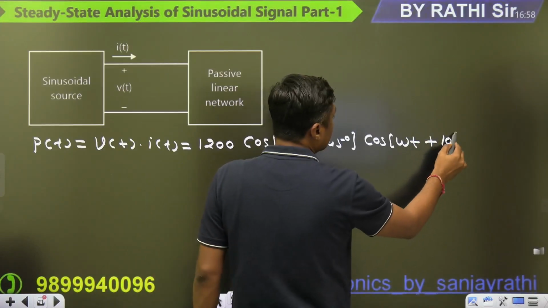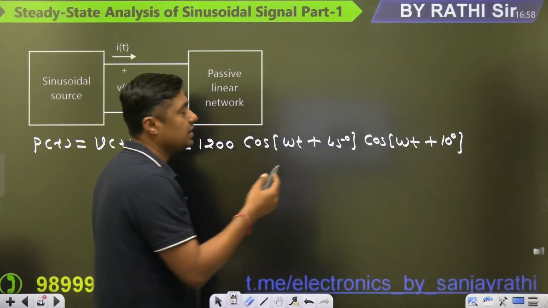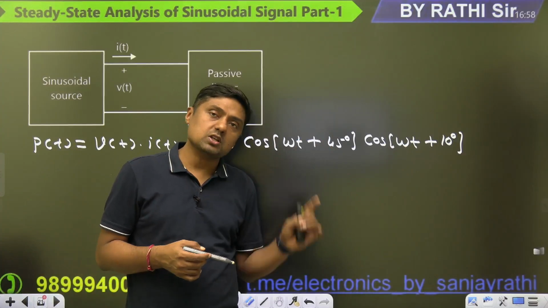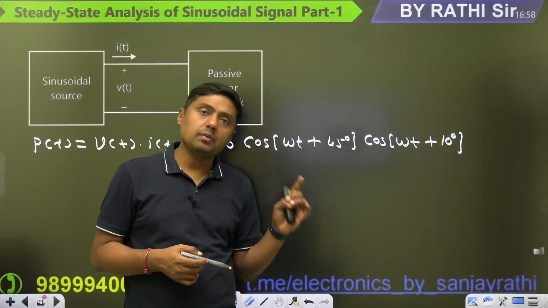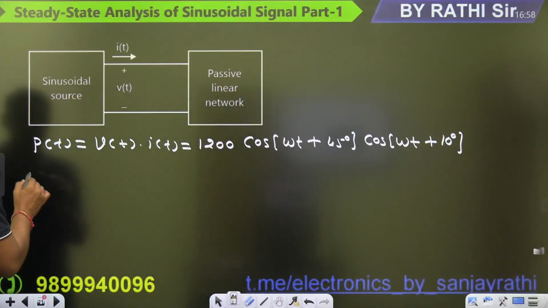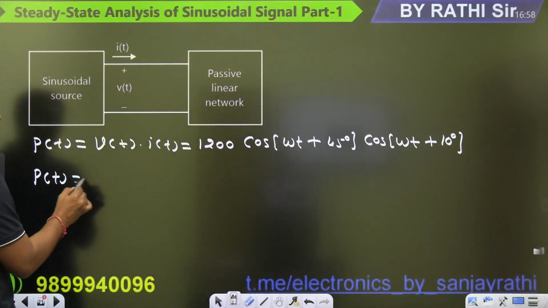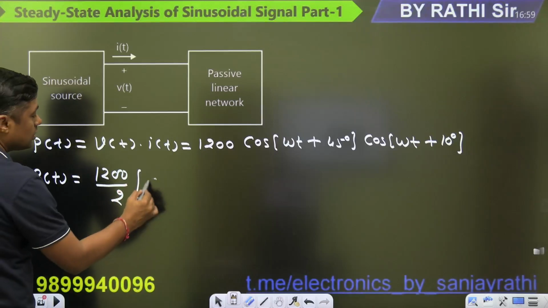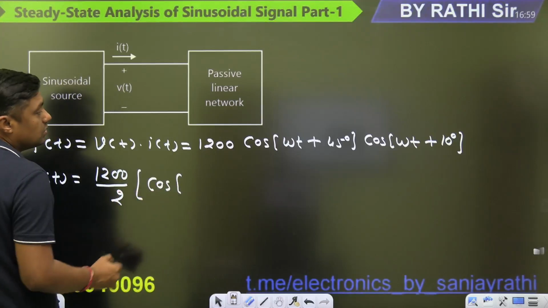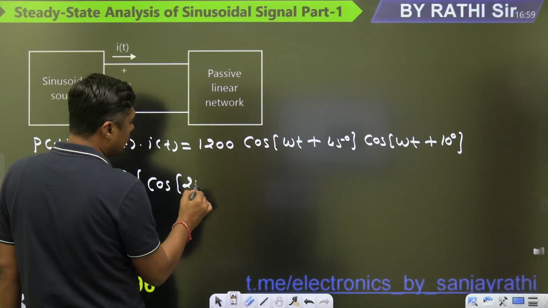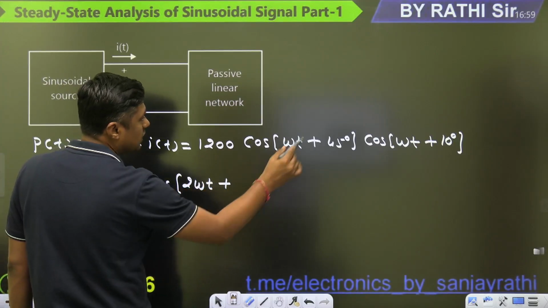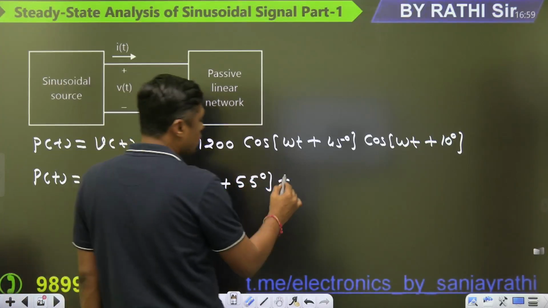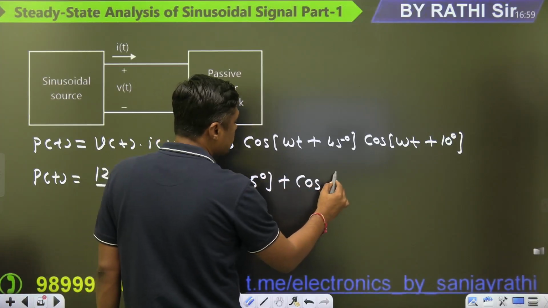Already I have solved cos A cos B. What is cos A cos B? Half of cos(A plus B) plus cos(A minus B). You can write p(t) is equal to half, 1200 divided by 2. This is the half cos of A plus B. So A plus B means it will become 2 omega t plus 45 plus 10, that will become 55, plus cos(A minus B). What is A minus B?